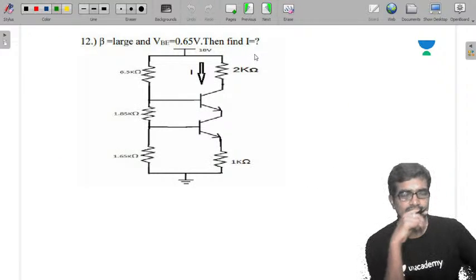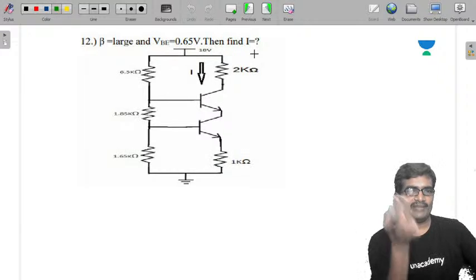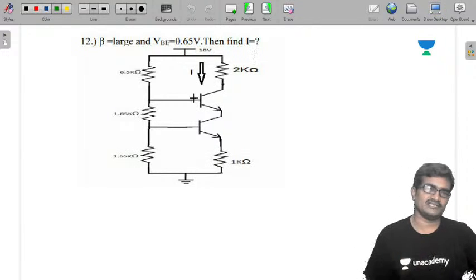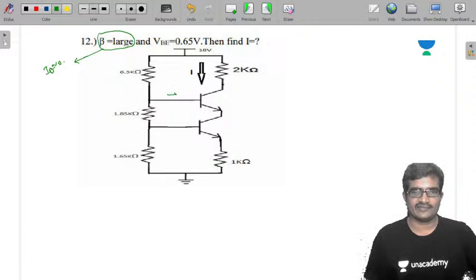Now see this, beta is given as large. Beta large means IB is approximately 0. That means the current from this side is approximately 0. Once the current coming from this side is 0, whatever the I you have here is equal to this current.